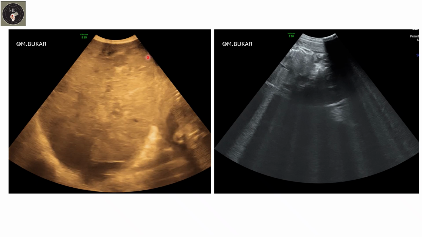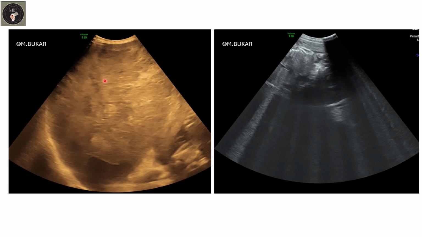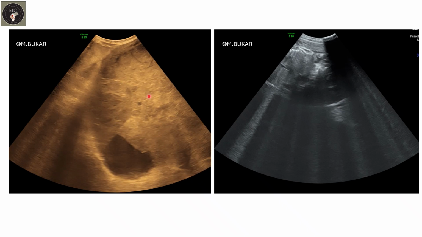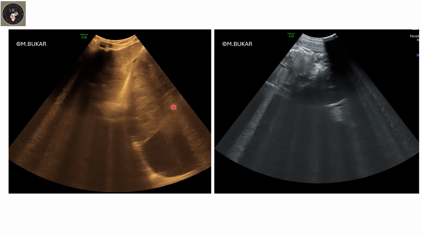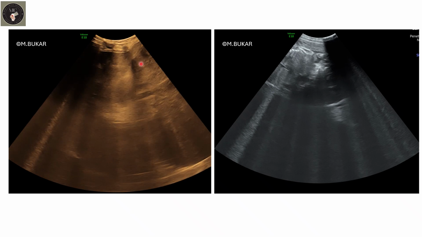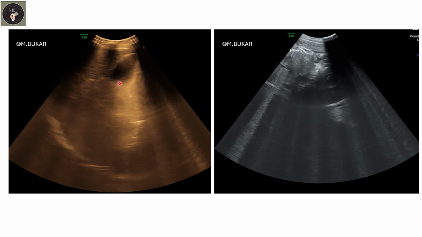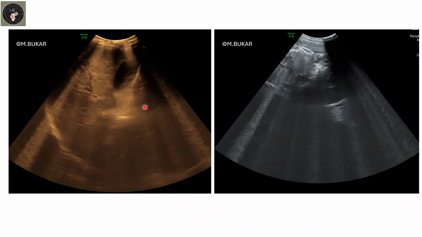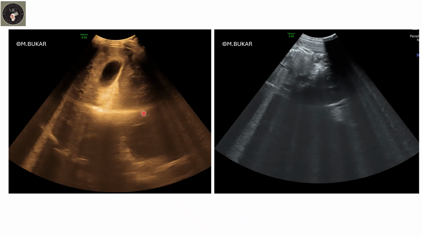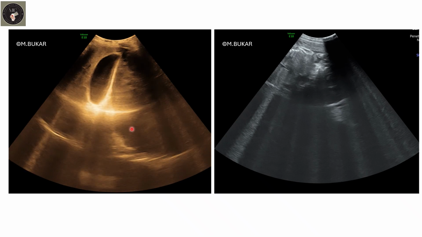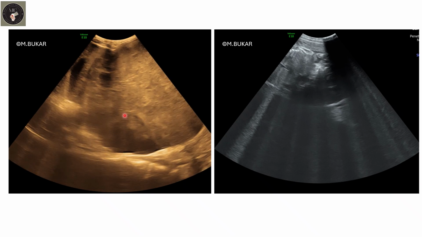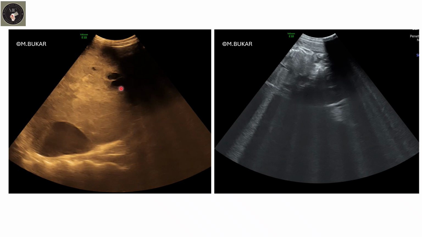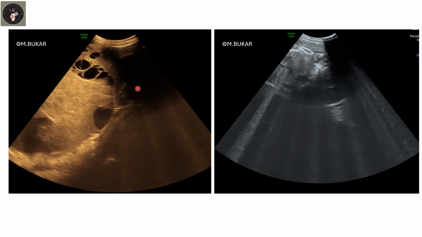Note no ascites here, note the heterogeneity of the lesion, the hypoechoic areas here, and fluid in Morison's pouch. Here are the gallbladder and the liver. So you can see that the mass is clearly separate from the liver. Note the differential echogenicities, hypoechoic areas, multiple areas of hemorrhage.